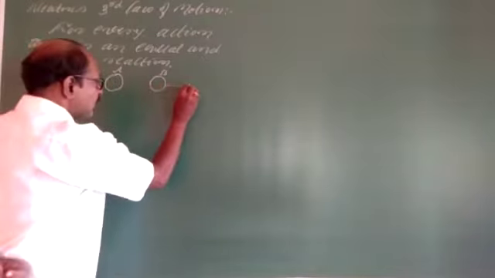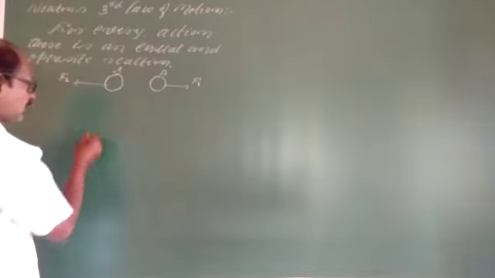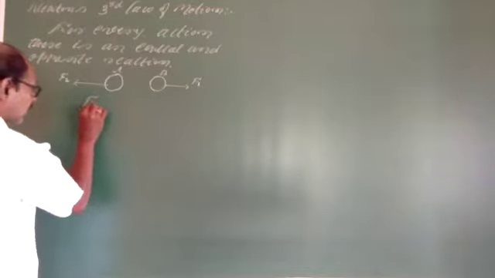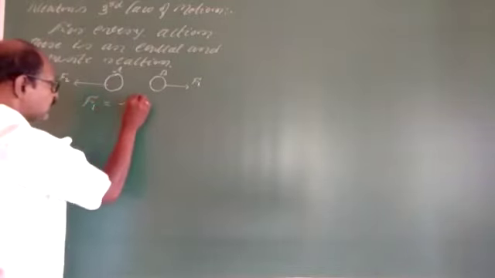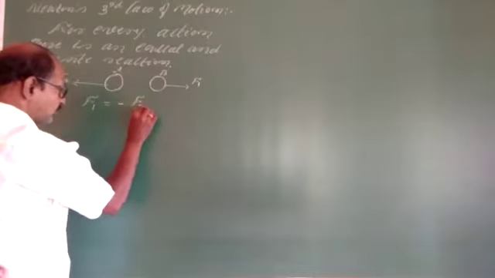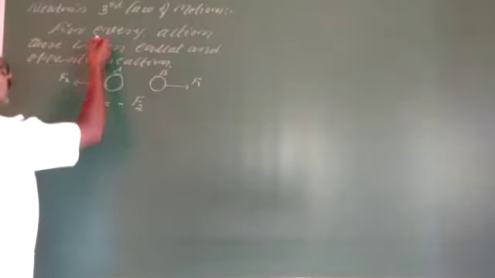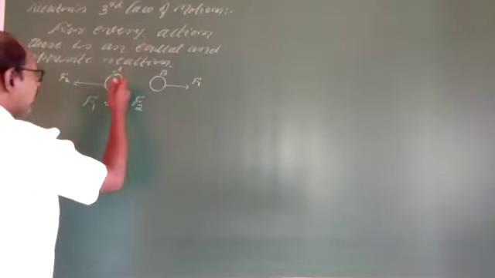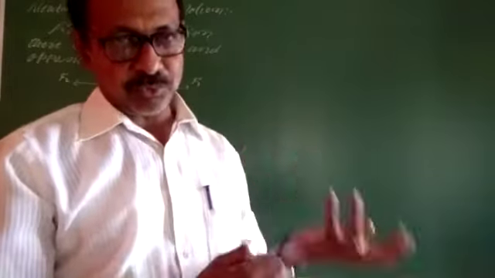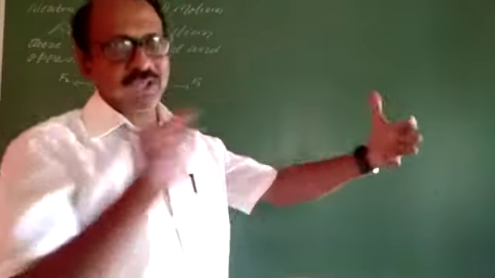Therefore, according to Newton's laws of motion, F1 is equal to minus F2. Therefore, for every action, there is an equal and opposite reaction. So we will always say it like this: F1 is equal to minus F2. It means they act in opposite directions.